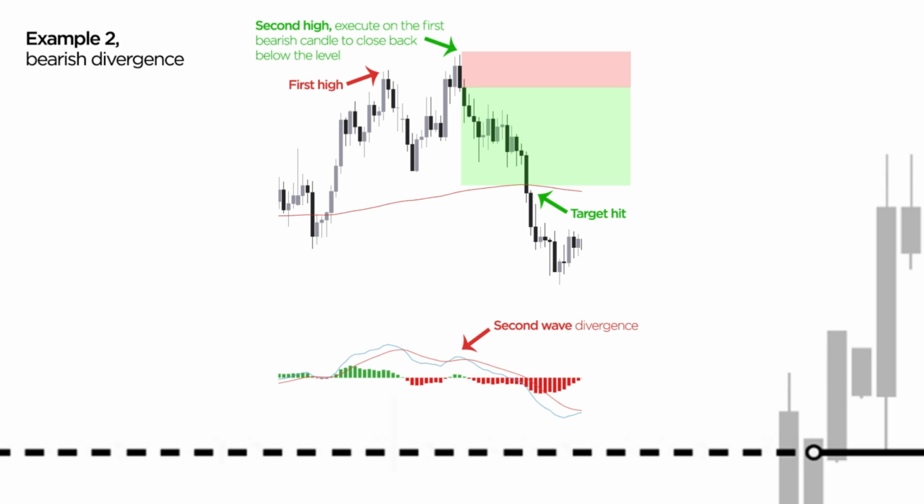Let's look at another example together here, and again we can see that we have our second wave divergence paired with price making a new high, and if we then execute on the close of this with the target of, again, the 200-day exponential moving average, as we can see, we then make our way back to our target yet again for another really strong winning trade.